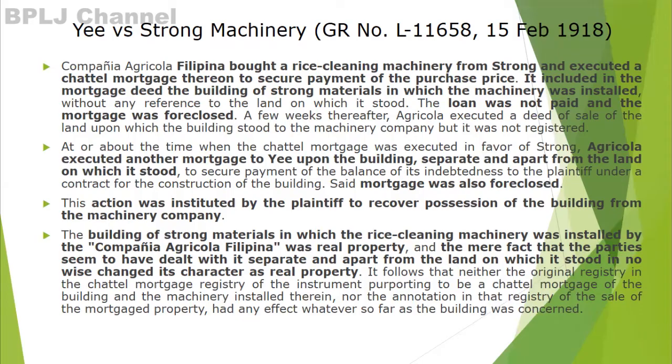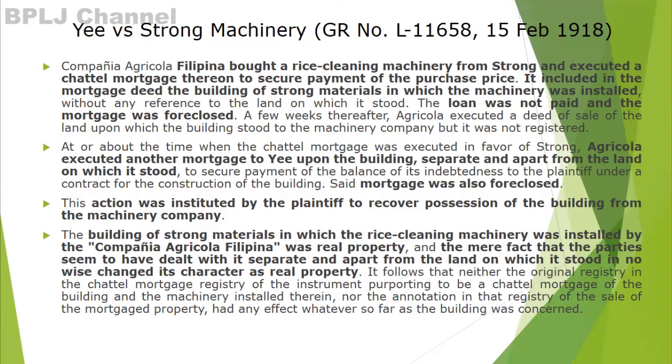So the loan was not paid and therefore it was foreclosed. However, Agricola executed another mortgage upon the building separate and apart from the land on which it stood. So we have two mortgages.